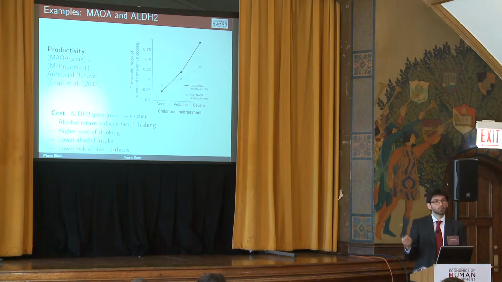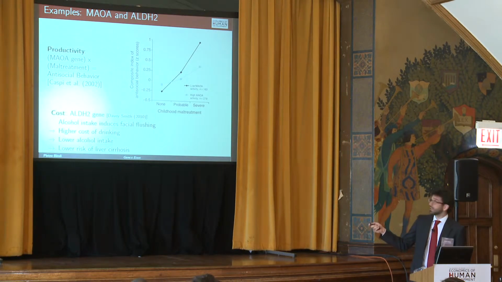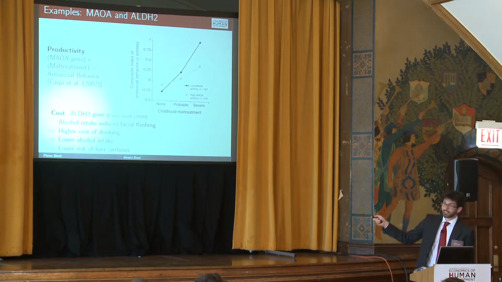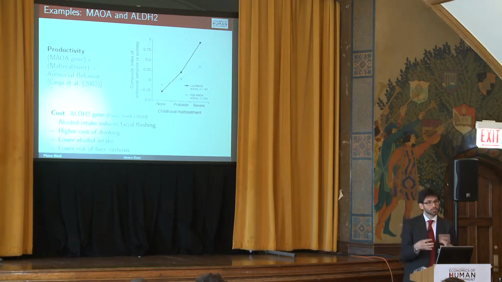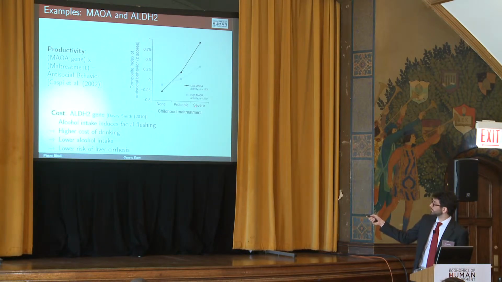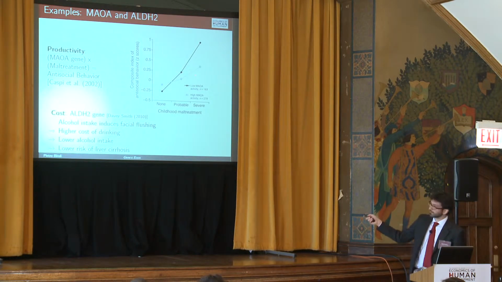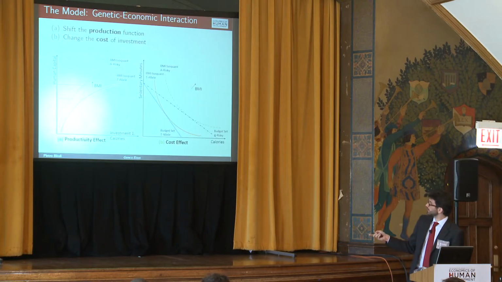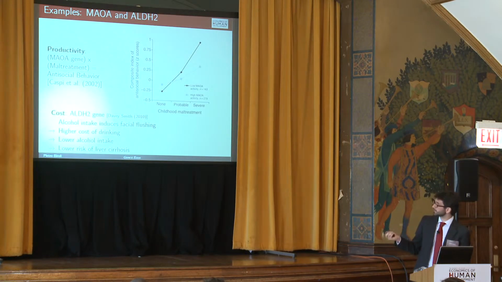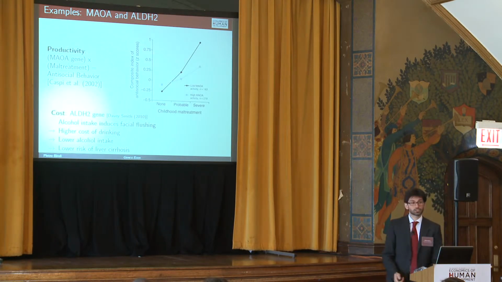In particular, for those children who have a low level of MAOA activity, there's a higher risk of antisocial behavior in conjunction with higher and more severe childhood maltreatment. And this is, similar to what I was saying before, an idea of differences in the production function of human capital.